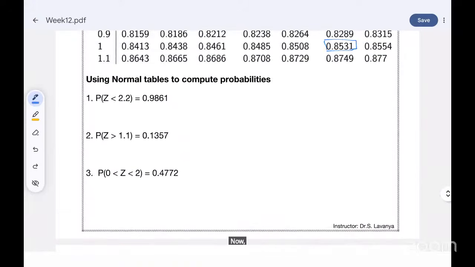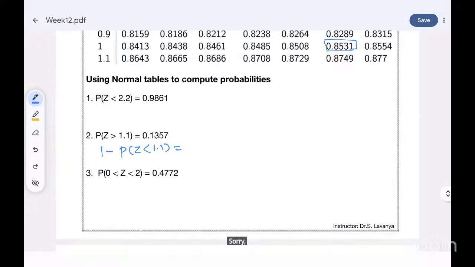Now, what is probability of z greater than 1.1? How do you compute this one? 1 minus probability of z less than 1.1. What is probability of z less than 1.1? Just above you have the value. 1 minus 0.8643.